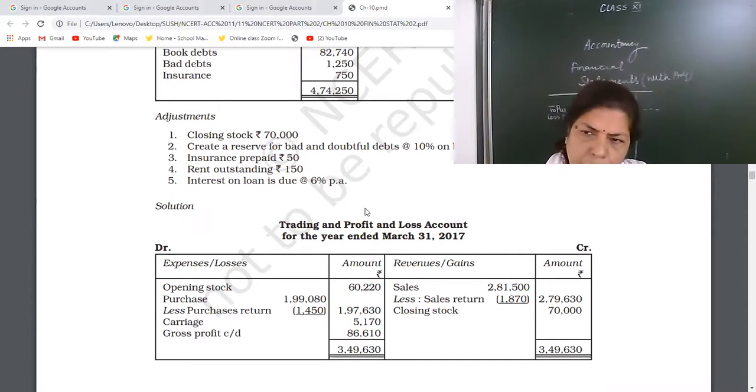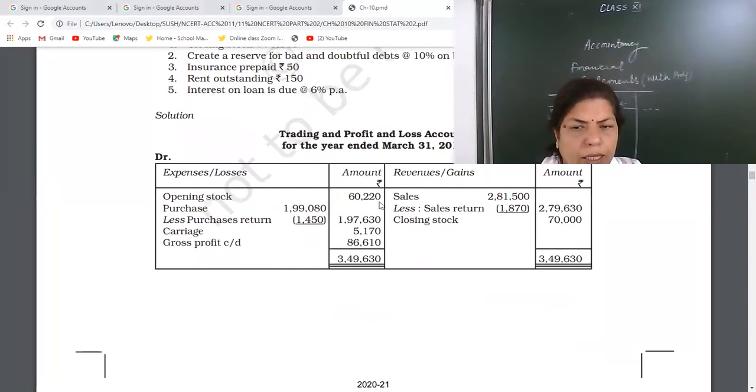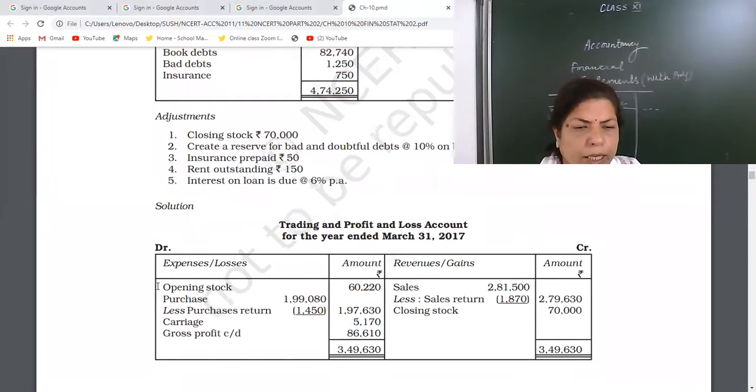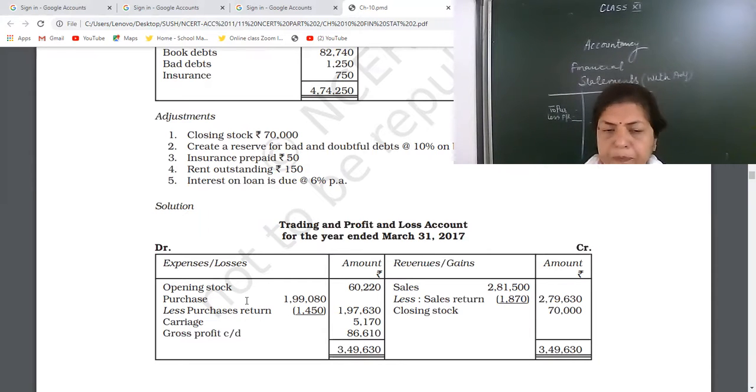So the rate is given, and the amount of loan is given in the question. So we have to take the services from there. Now see how to prepare it. It's up to you to write To and By. In NCERT it is not given, but in other refreshers To and By is given. Now one by one we are going to prepare.